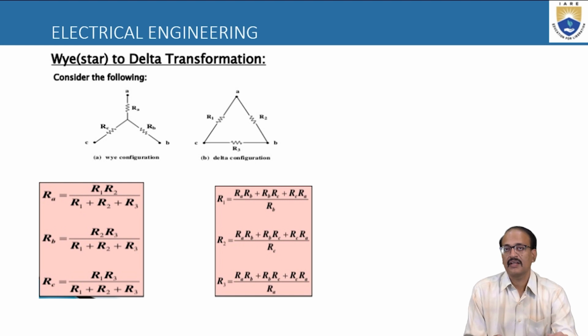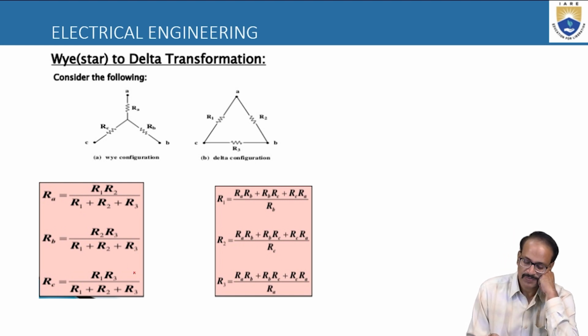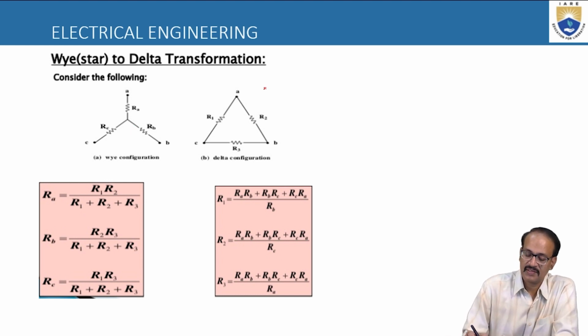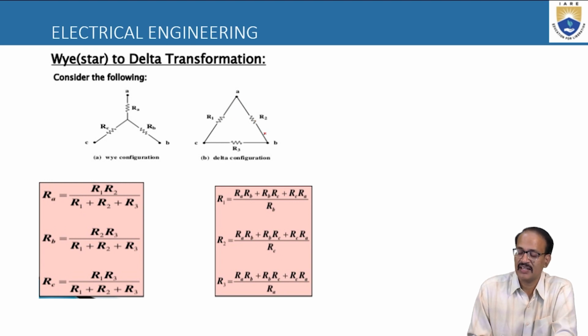Here again, the denominator will be common. I want RA. Here R1, R2 and R3 form the delta, and RA, RB and RC form the star. So now I want RA. If you observe the point A in the delta, R1 and R2 are connected.